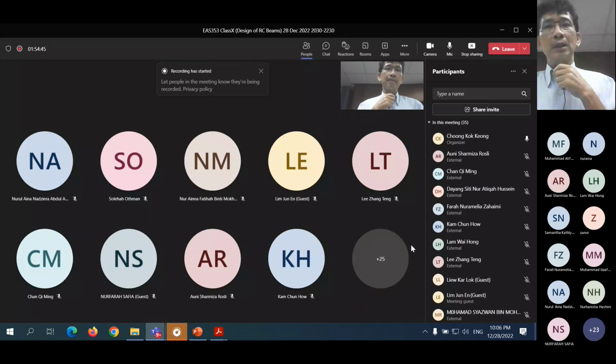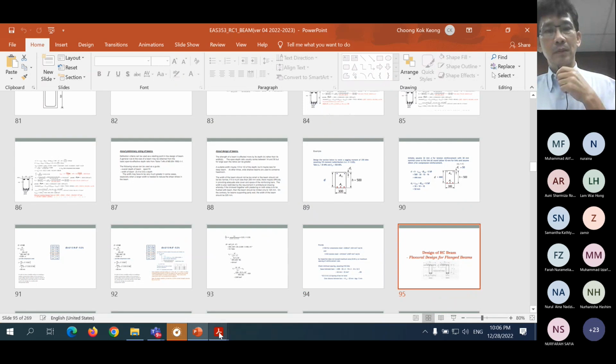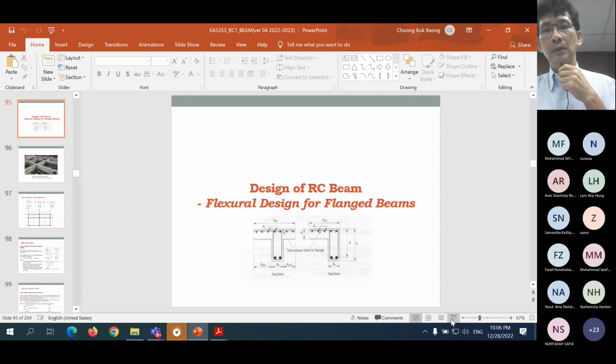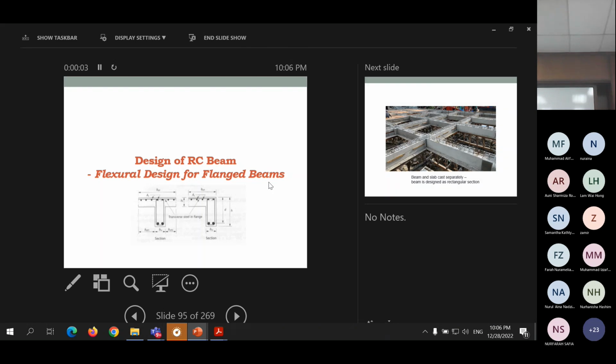Now, first of all, flange beam is actually where we take advantage of the slab which is cast together with the beam. So the shape can be either L section, L shape.